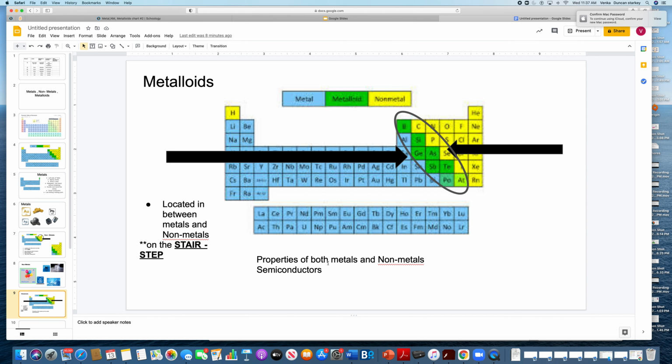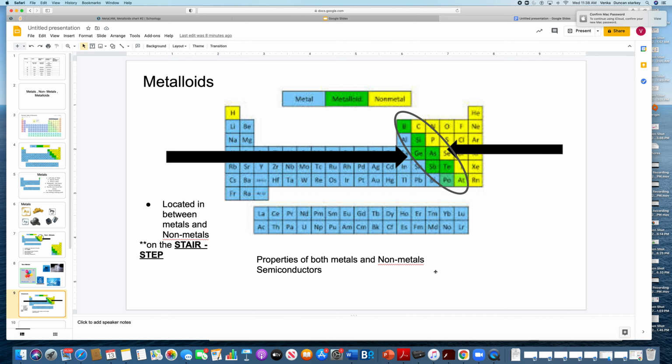Metalloids have properties of both metals and nonmetals. So what that means is some metalloids can be shiny, some can be dull, some can be brittle, some can be malleable, which means some can break easily, or some may be able to bend or mold.